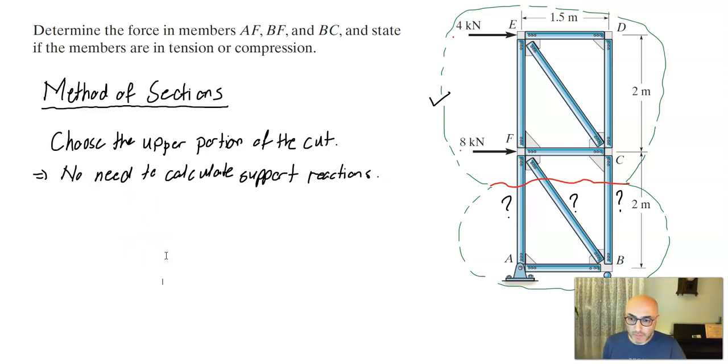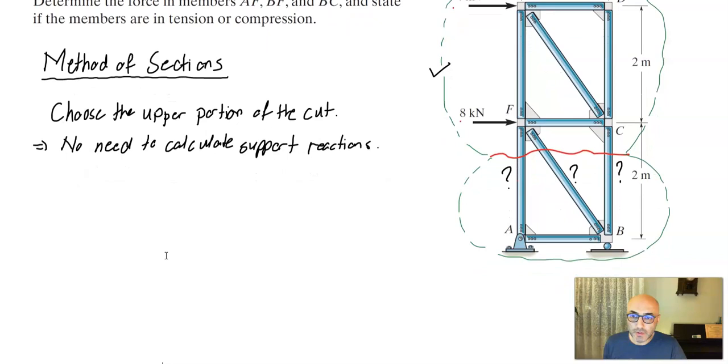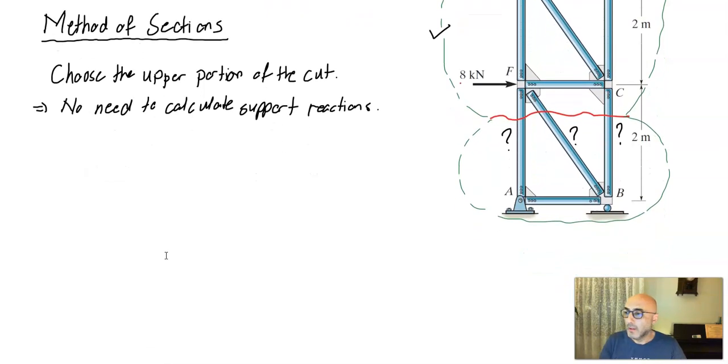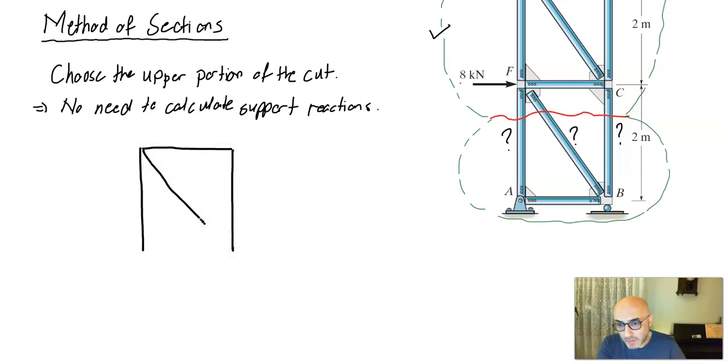Okay, so the upper portion, we make some space here. So we have this member here, and the proportion looks something like that. Then we have this cut here, and the diagonal. We have a cut there.